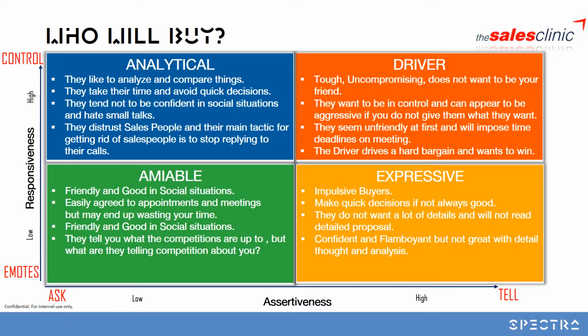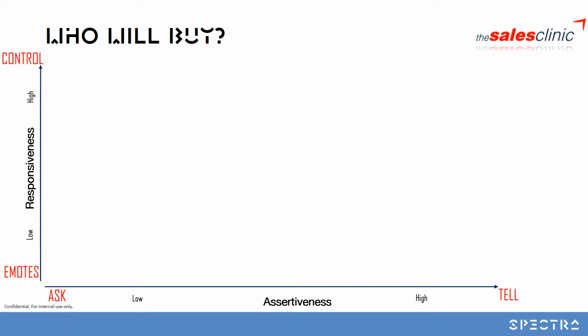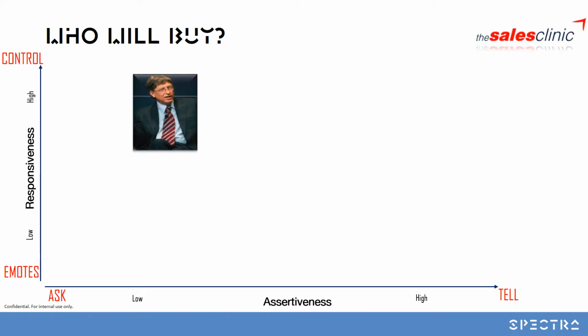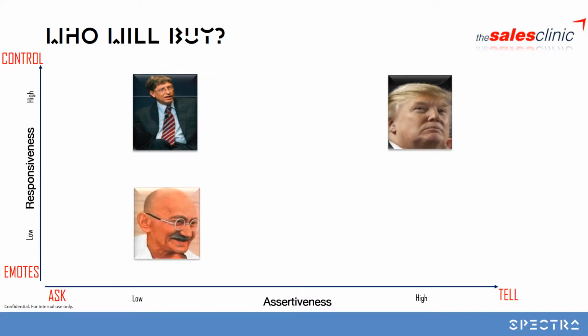Now let's look at these famous people and relate them with your customer's personality. Mr. Bill Gates. Oh, Donald Trump. Mr. Mohandas Karamchand Gandhi.